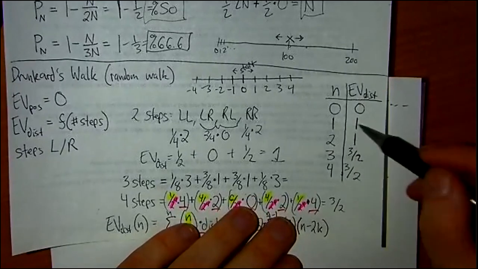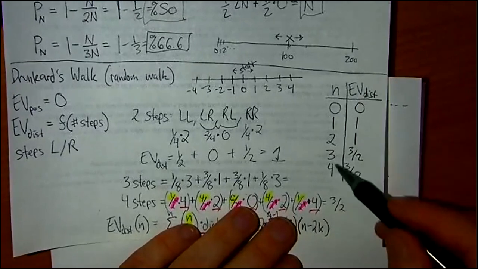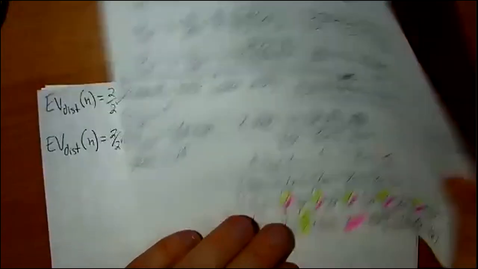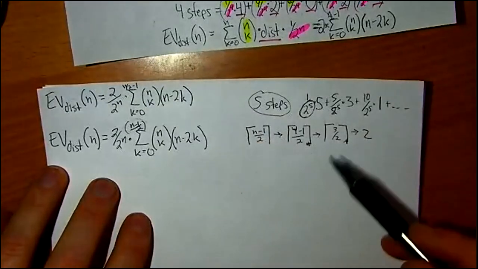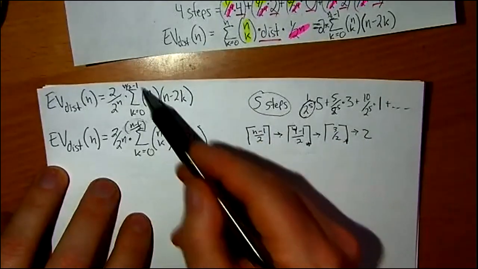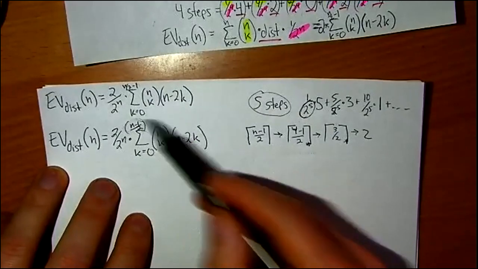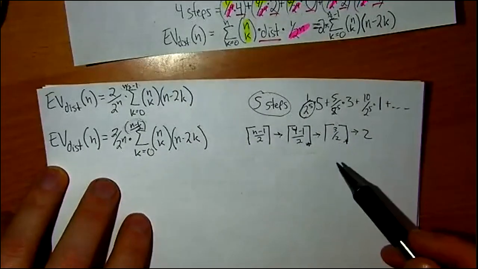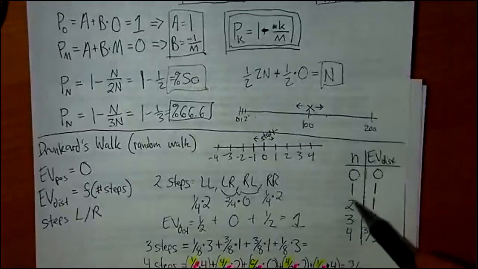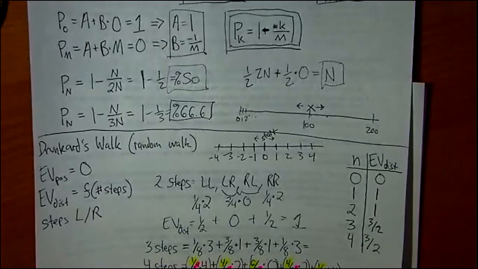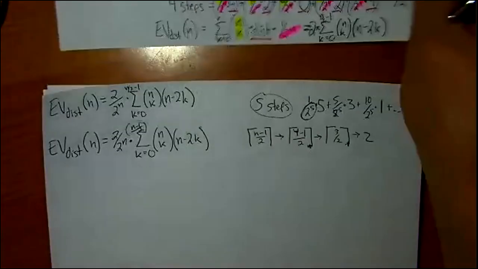So if I have 1 step, it's going to be the same as 2 steps. If I have 3 steps, it's going to be the same as 4 steps. And that's because if you look at these two formulae, then we could massage this top term to make them actually equivalent if we just use a ceiling, which will make these exactly the same, which is why the odd and then the even have the same expected value in our table, right?